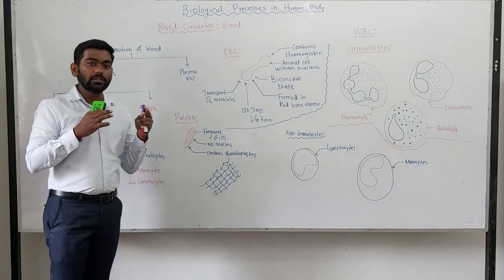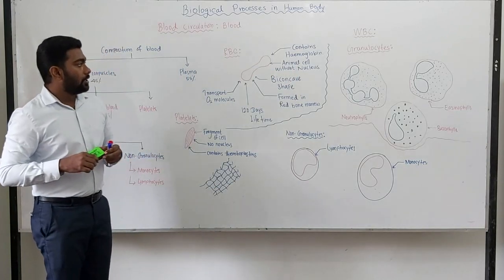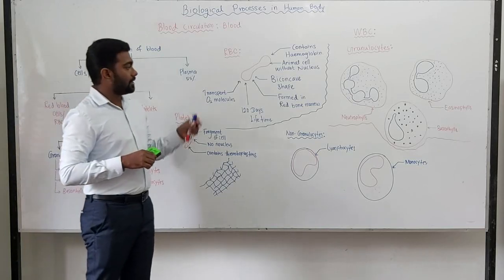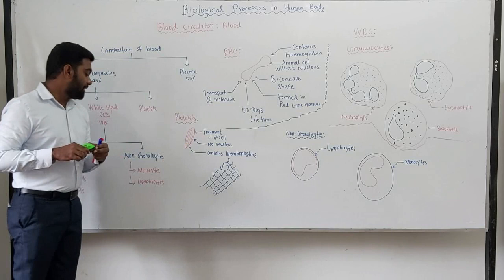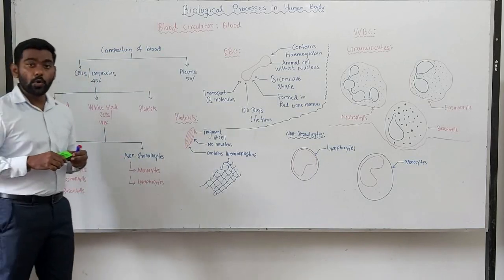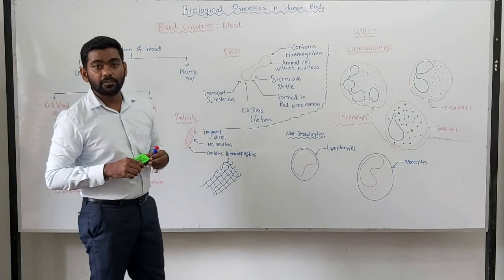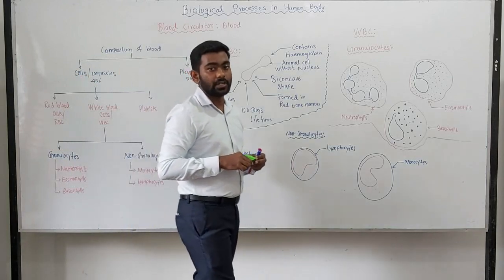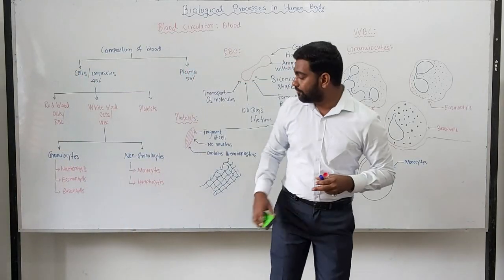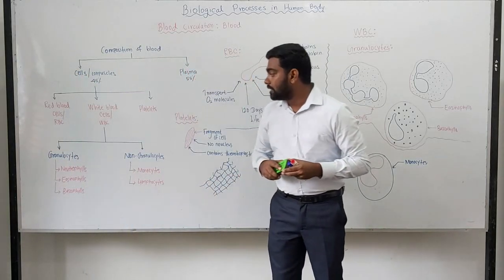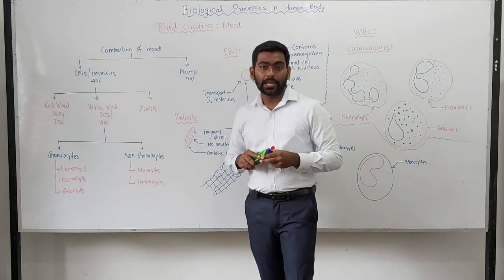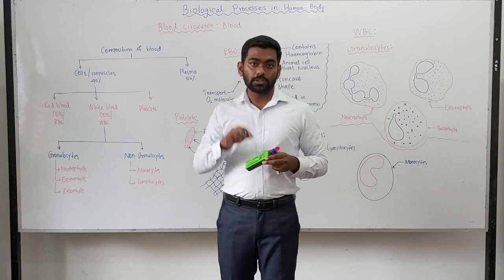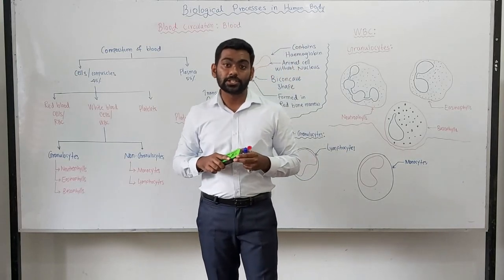And if you have a close look at the different types of cells, WBCs are very special because many different types of WBCs are available. There are 5 different types of WBCs, and while you observe through the microscope, you can see granules or dots in certain cells.